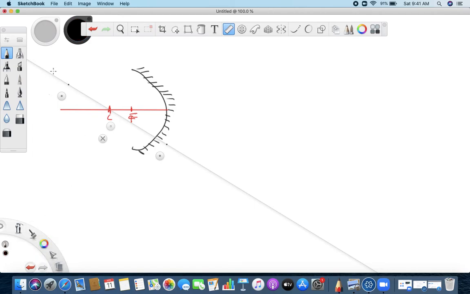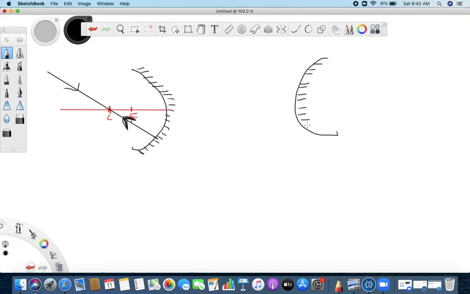This is your incident ray. After reflection, it will pass through the center of curvature only. So the third case tells you that if an incident ray passes through the center of curvature, after reflection, it will pass again through the center of curvature only.